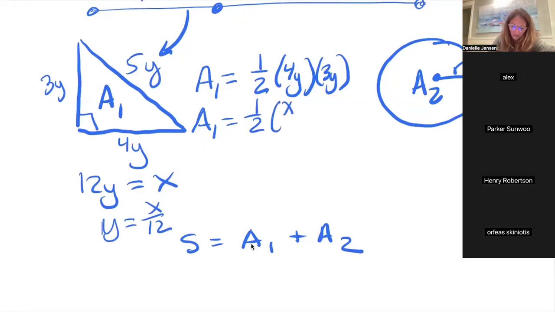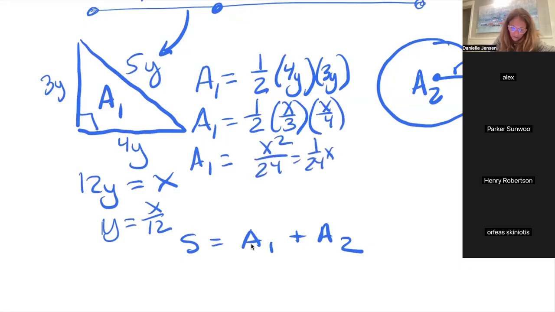Yeah, so x over 3, perfect. And 3y is going to be 1/4 x. Yeah, x over 4. So great. A1 is simply x squared over 24, or 1/24 x squared, either way. So that's A1, so S in terms of x, I've got A1.